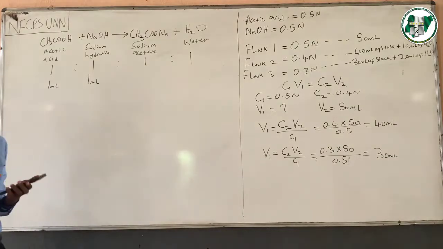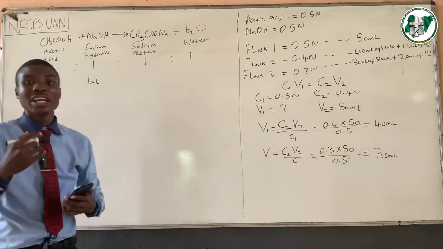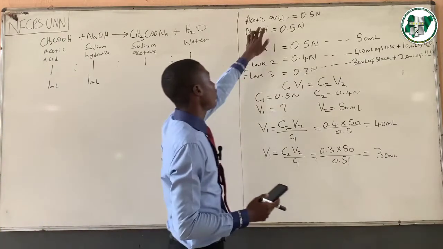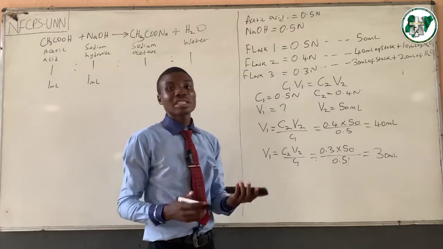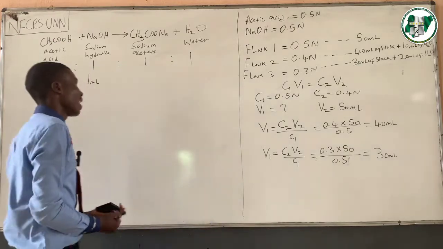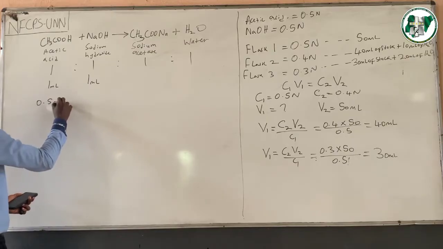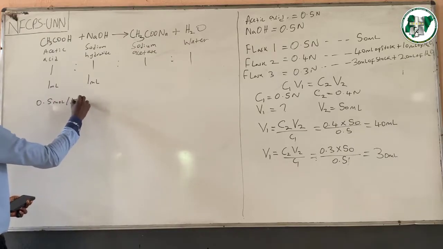Now, for us to be more scientific in this, let me show you a little bit of calculation. I already explained that 0.5 normal acetic acid is the same thing as 0.5 molar acetic acid. So it simply means that what we have there is 0.5 mole per dm cube of acetic acid.